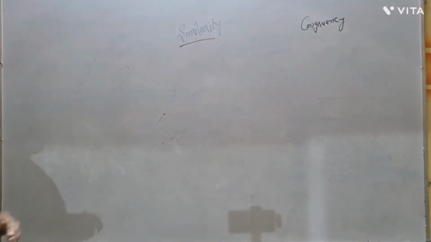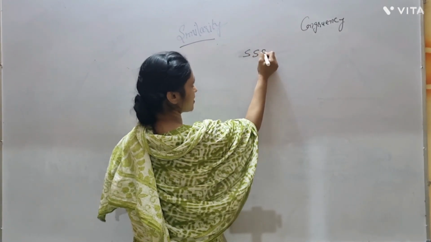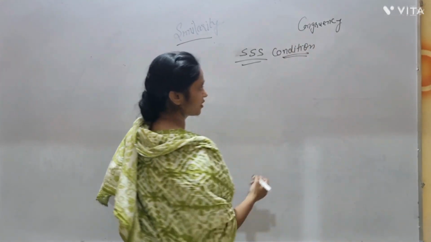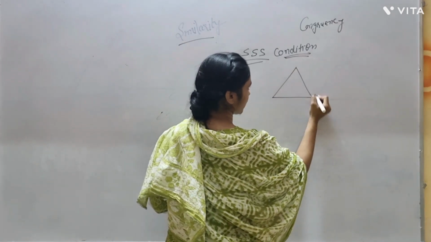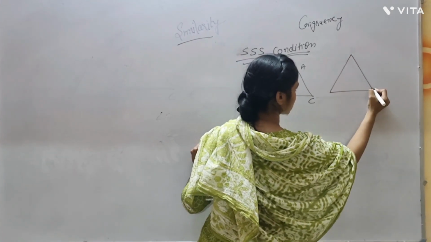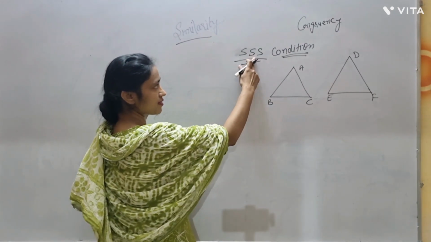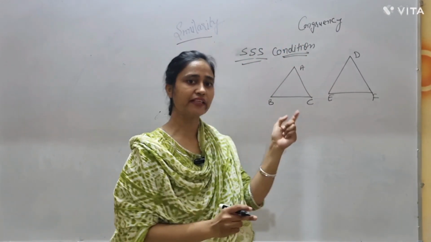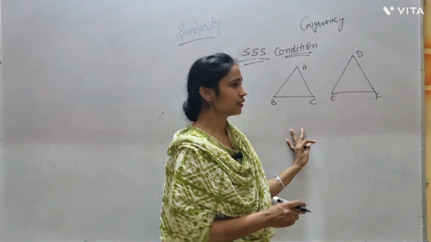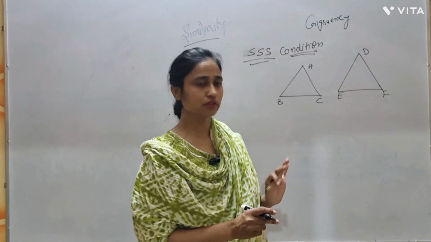Take congruency first, with triangles ABC and DEF. If the corresponding sides of both triangles are equal, then by the SSS congruency condition we will say that these two triangles are congruent to each other.